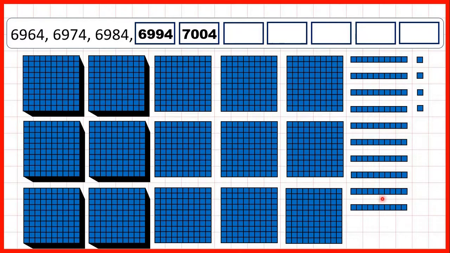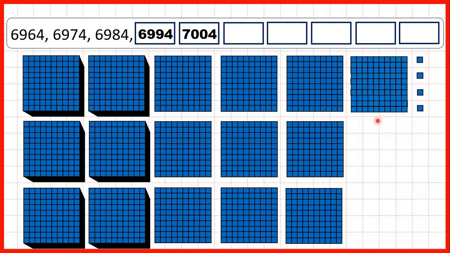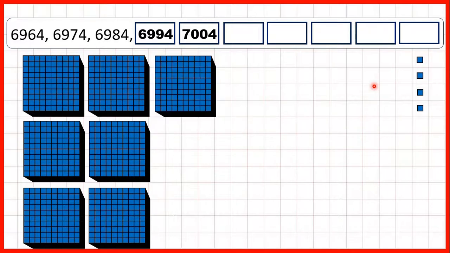That's because we now have 10 tens, and if we have 10 tens, we can exchange those for 1 extra 100. But doing that means that we now have 10 hundreds altogether, and if we have 10 hundreds, we can exchange those for 1 extra 1,000.